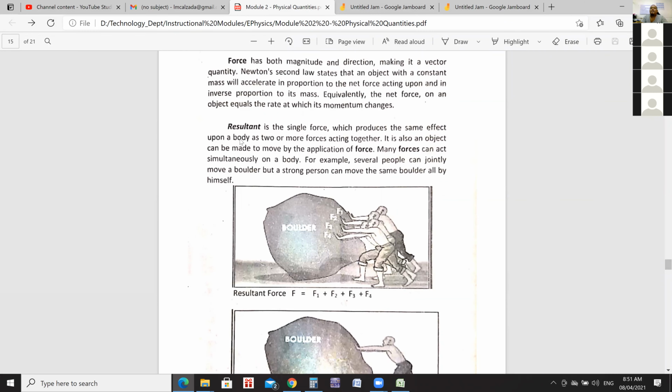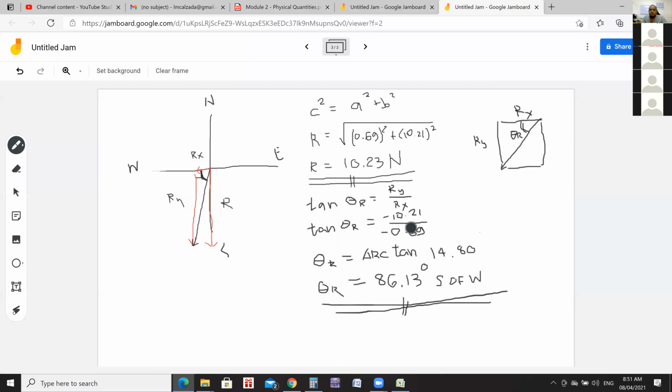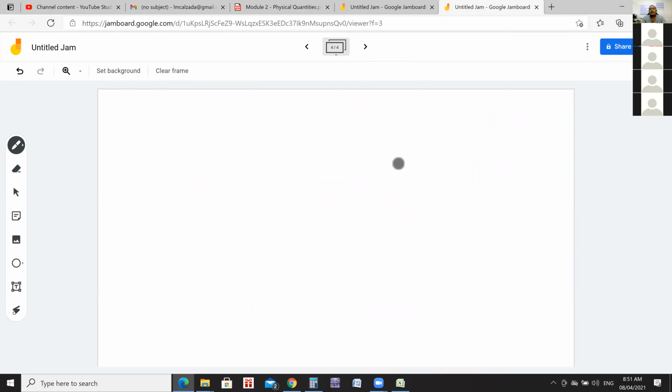Then we have resultant, which is a single force which produces the same effect upon a body as two or more forces acting together. Okay? So they are the same. Say, for example, you have a single force here. Now, I can either use this force, or I can use this one and add this one.